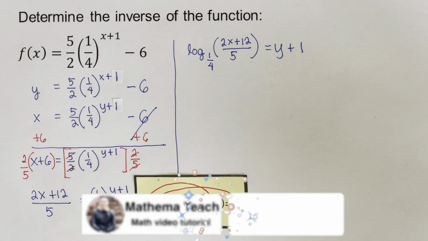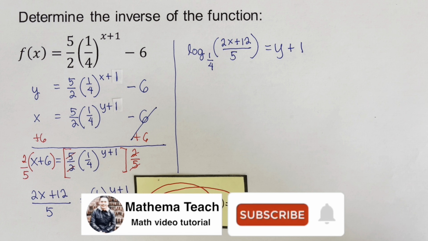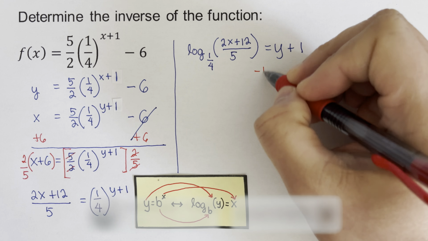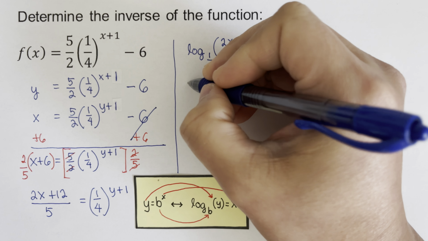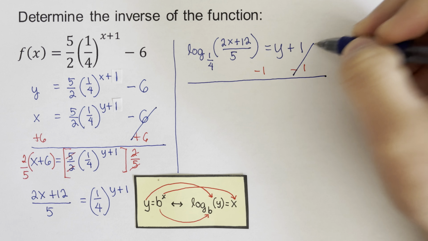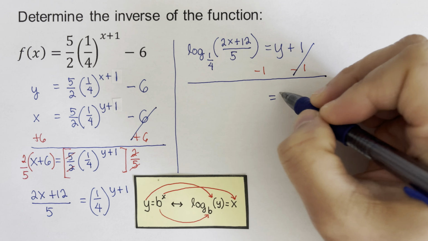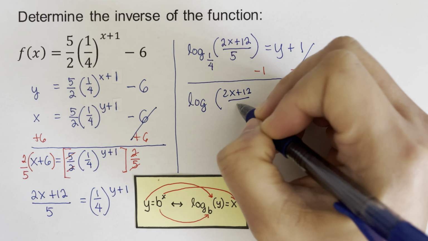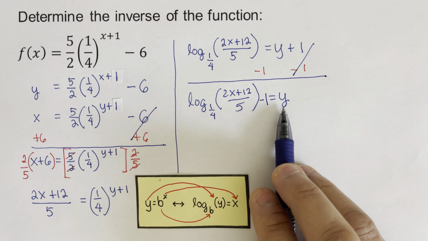Okay, so we are supposed to isolate y by itself here, but we have a 1, so we subtract 1 from both sides, so that we can go ahead and say that our y is actually equal to... Now since we already have isolated the y by itself, we're ready to move on to the third step.